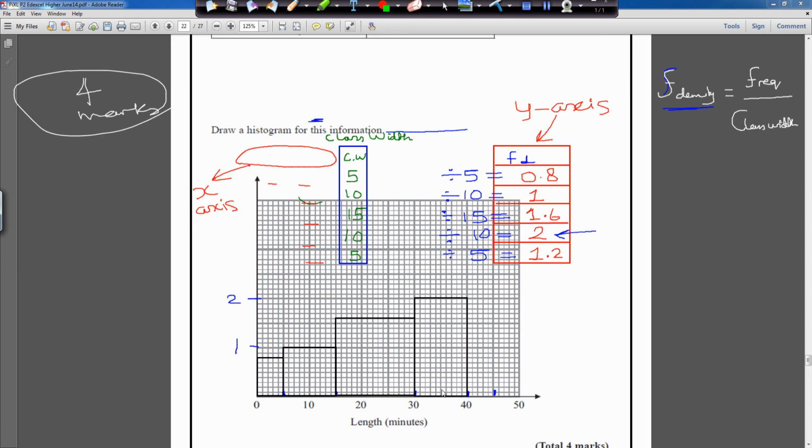That's done. 30 to 40 has a frequency density of 2. And the last one, from 40 to 45, has a height of 1.2. So 1 here, 1.2 is here. That's done.